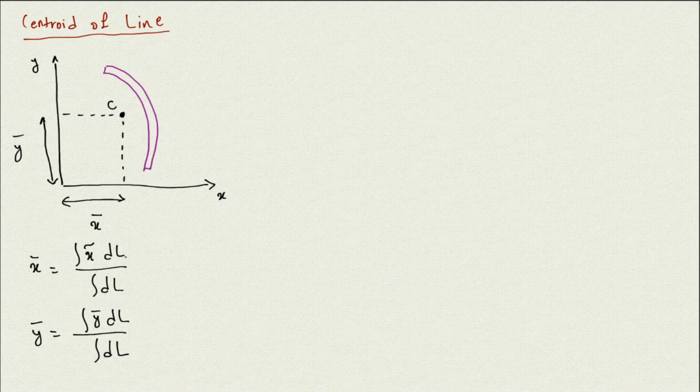To do that, first of all, we have to choose an element, like last time. This time we'll choose the element somewhere along the line. So assume this is the element I'm going to choose along that line, and that element has a centroid.